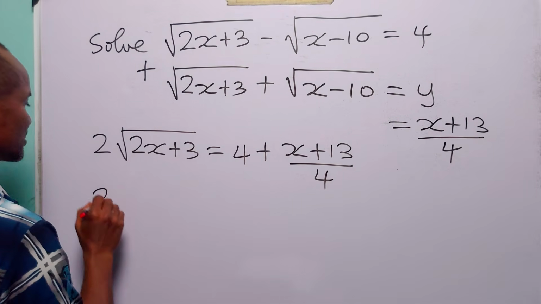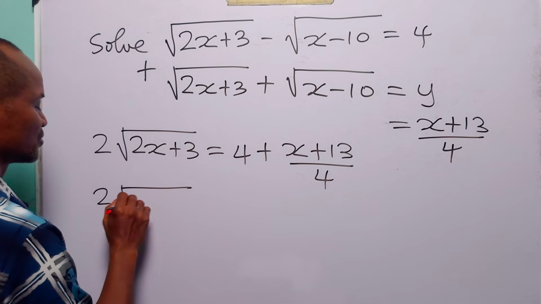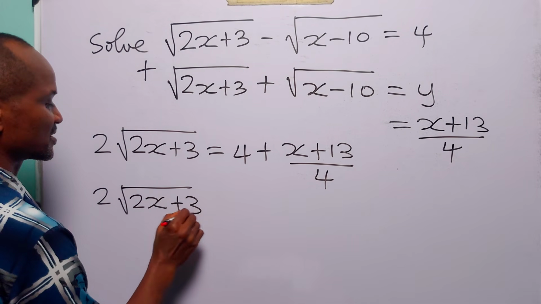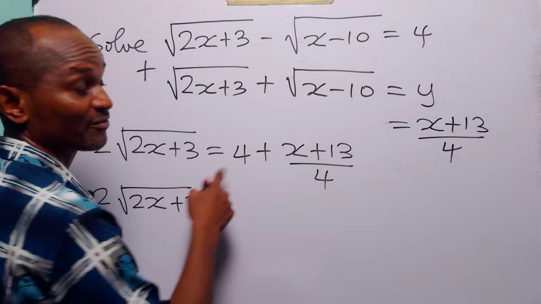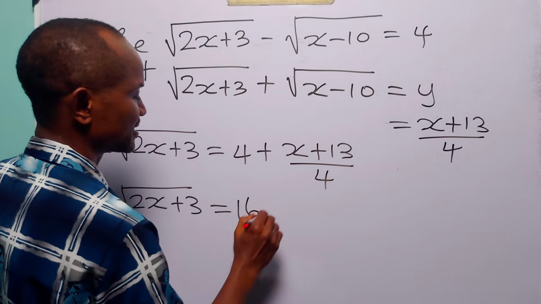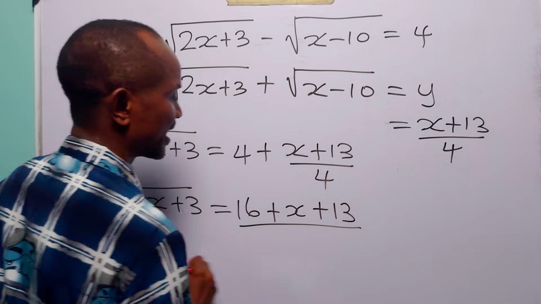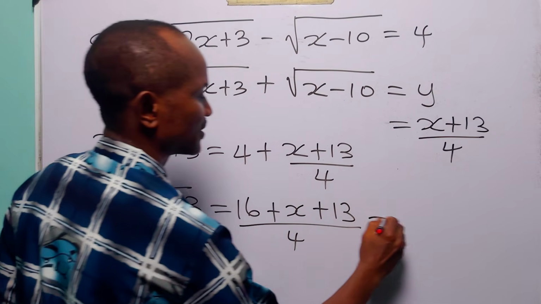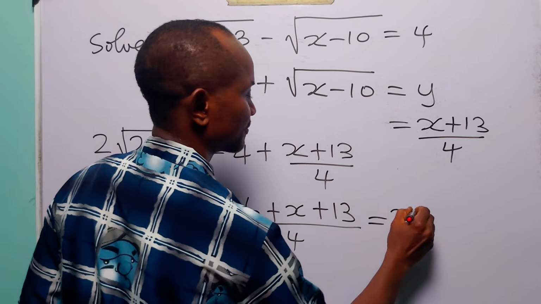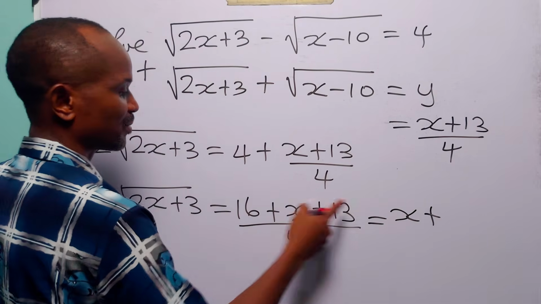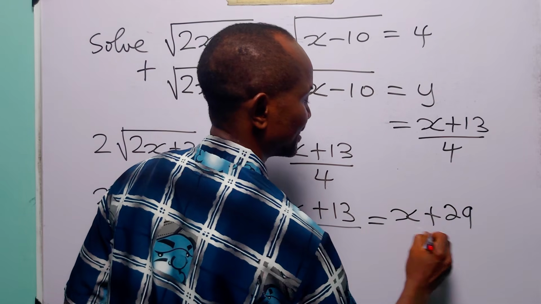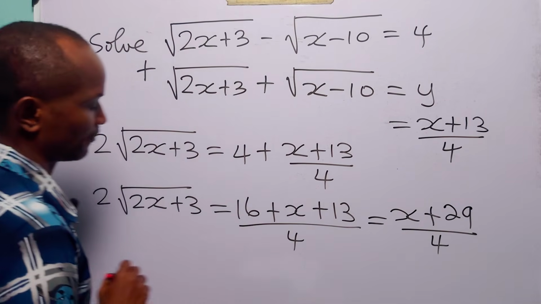Now, from here, we have that 2 times root 2x plus 3 is equal to 4 times 4 is 16, so this is 16 plus x plus 13 divided by 4. Now, this is equal to x plus 16 plus 13 is 29 divided by 4.